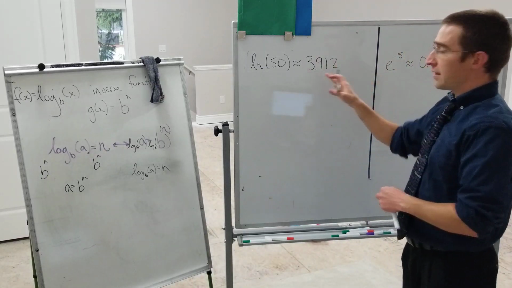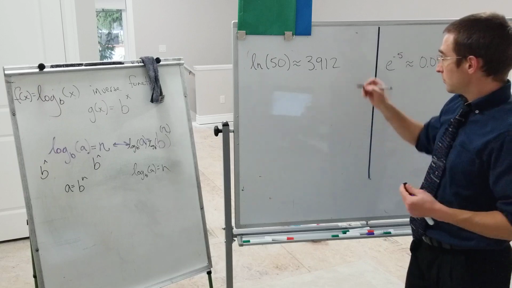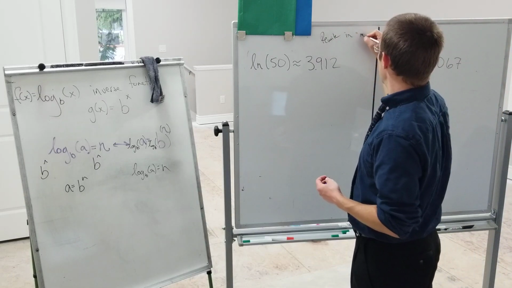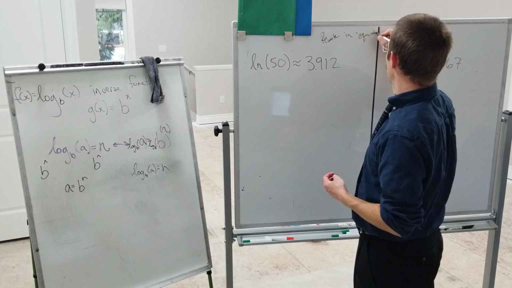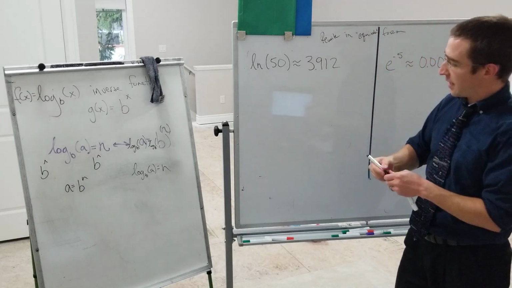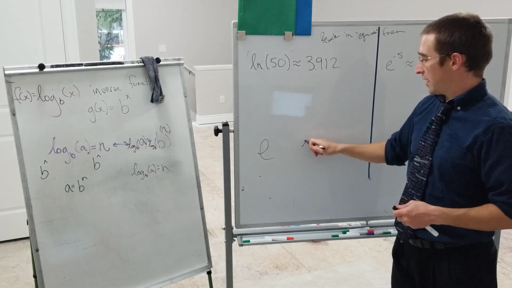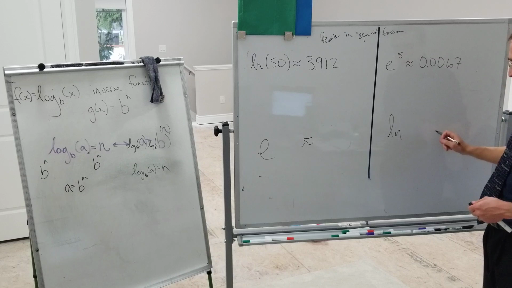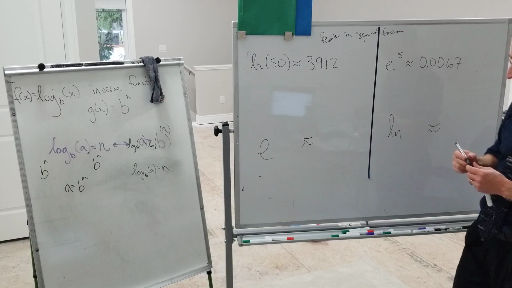Let's rewrite these in equivalent form. So here I want to write this as e to the something is about what? This one I want to write as natural log of something is about what?